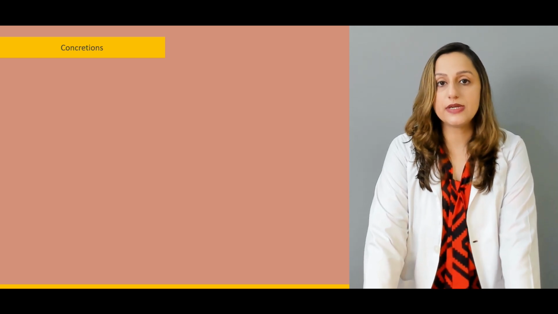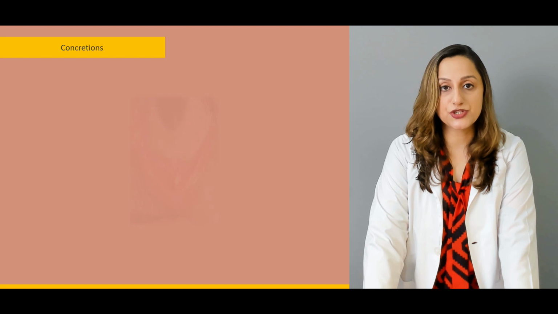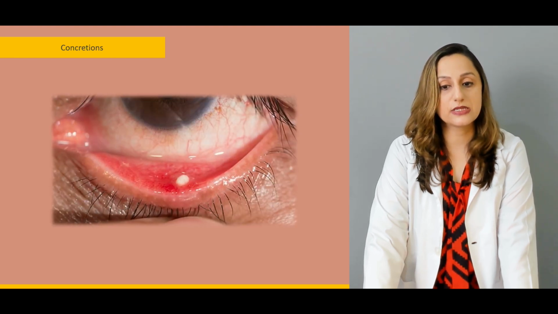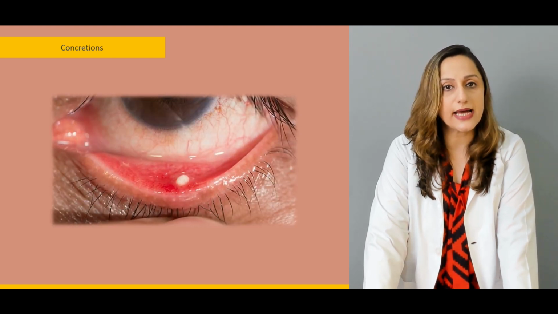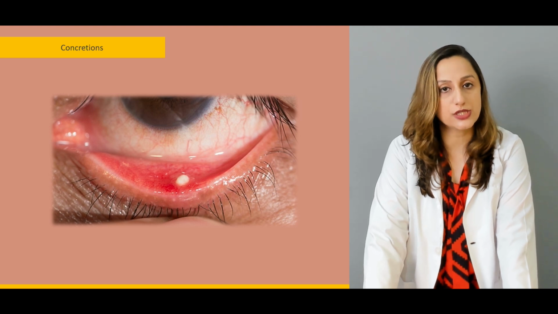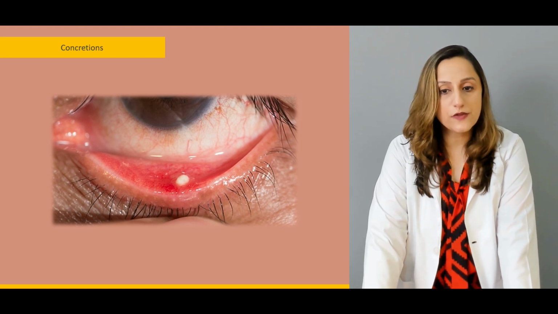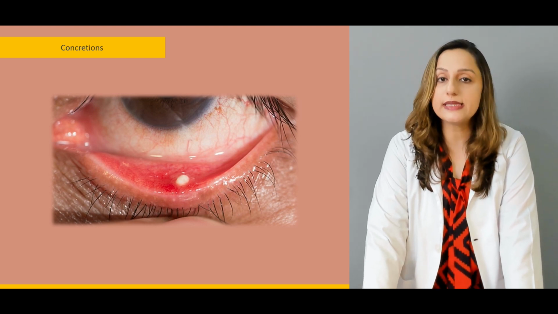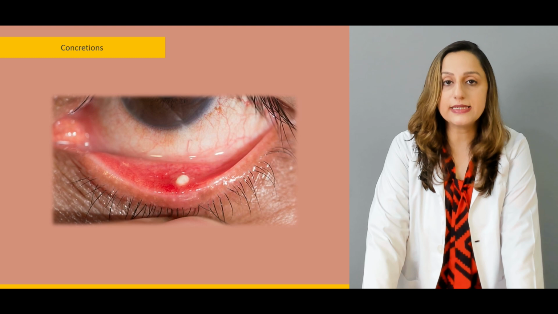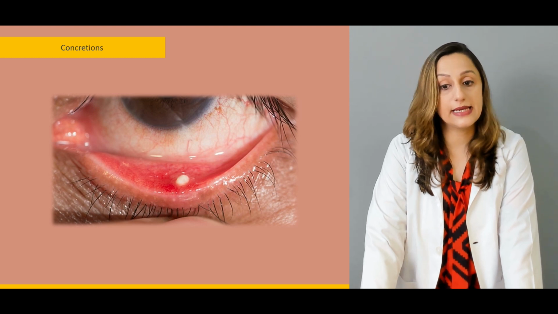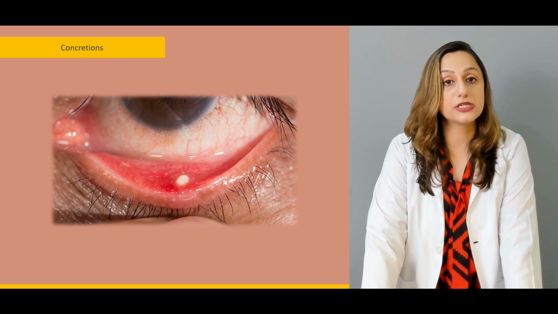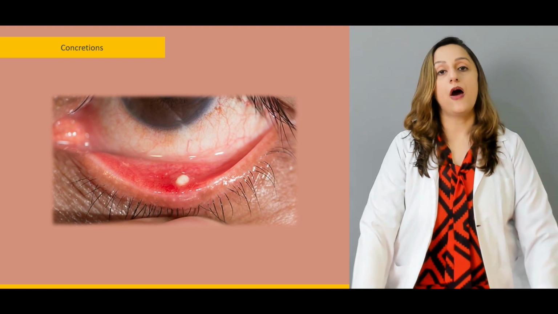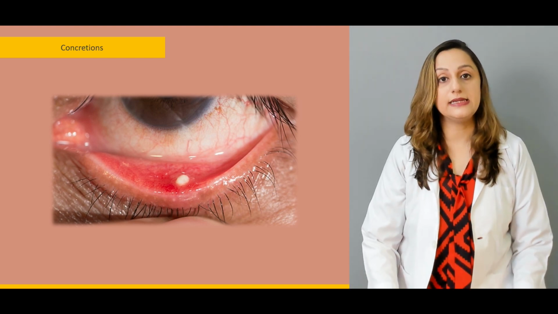One of the other degenerative conditions is concretions. Concretions usually appear as whitish yellowish spots, and can involve the palpebral or the bulbar part of the conjunctiva. Usually they are confused with fatty deposition, but it's not fatty deposition, it's the deposition of the epithelia and debris.